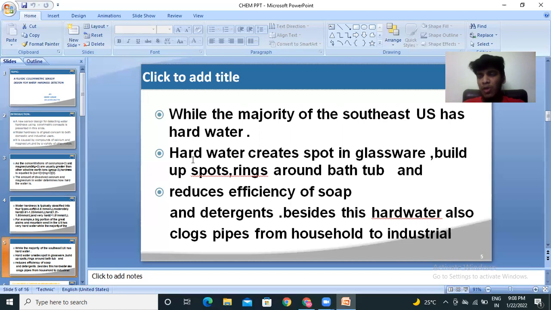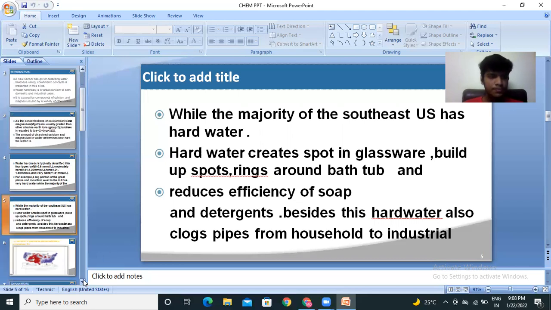It means some blockages occur due to this flow of the hard water. Spots and rings around the bathtub, it also creates spots in the glassware, and reduces the efficiency of soap and detergents, as I told you earlier. Then besides this, hard water also clogs pipes from household to industry. Now let's move to the next slide.